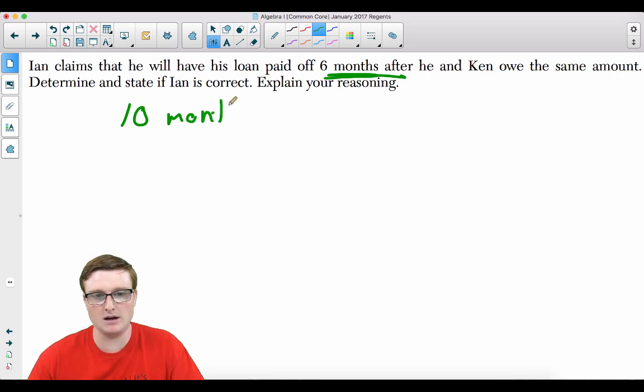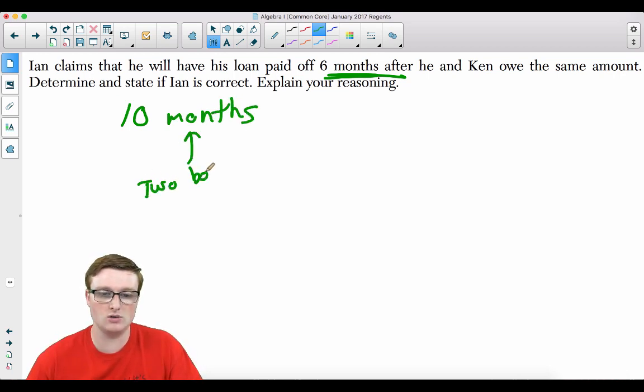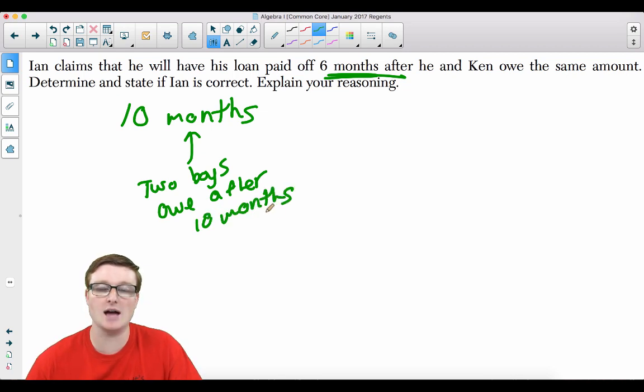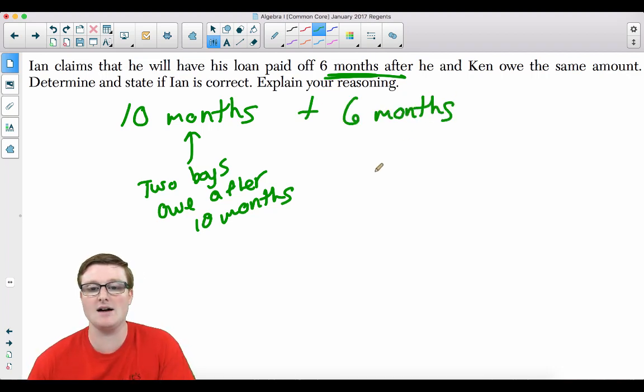So 10 months is how much time it takes for both boys to have the same amount, plus the 6 months. So Ian claims that he will have his loan paid off 6 months after.